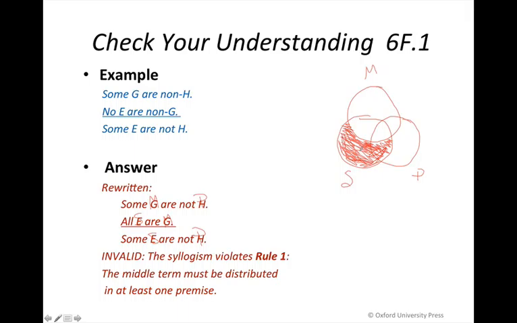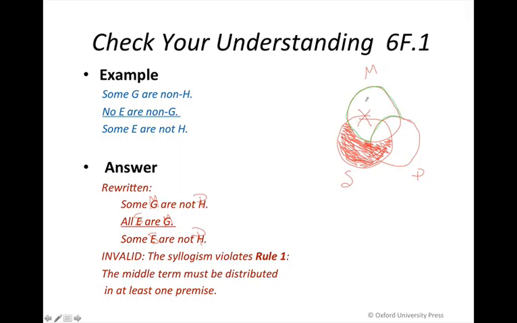And then we have some M are not P. I'm putting an X on the line here because the M that is outside of P, let me go ahead and change the color so you can see this. When we're saying that there is at least one M that's outside of P, we're dealing with this area that I've outlined in green.